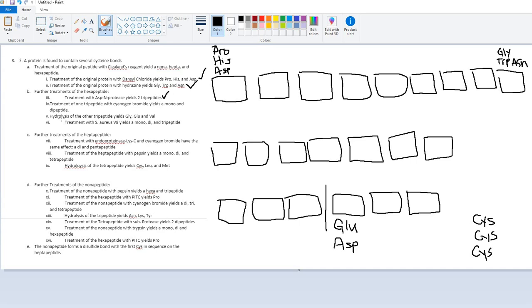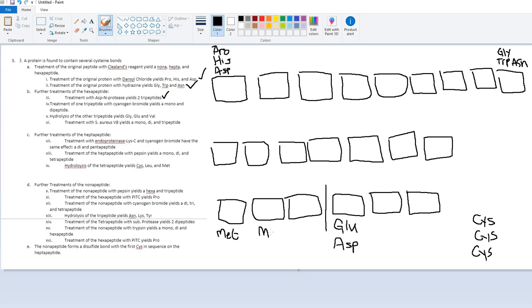And it says that treatment of 1 tripeptide with cyanogen bromide yields a mono and a dipeptide. So we don't know which tripeptide the methionine is in. So there's a bunch of potential spots that we could have this methionine. It could either be here, which it's not going to be because we can only have a proline or a histidine or an aspartate in this spot.